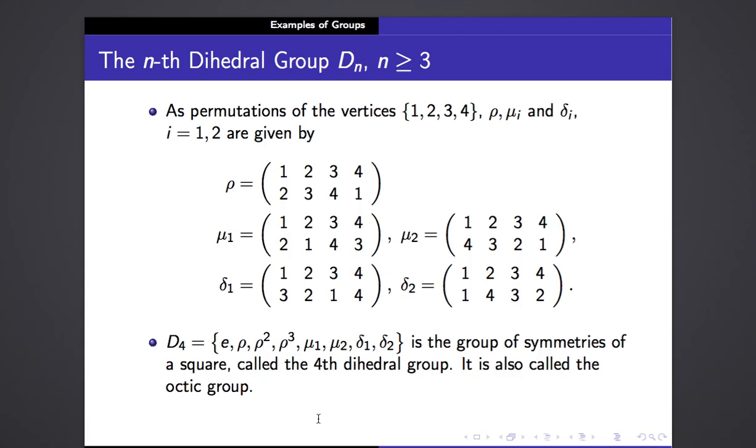This particular one, the fourth dihedral group, is the octic group. In general, note that the order of D sub n is 2 times n for n greater than or equal to 3.